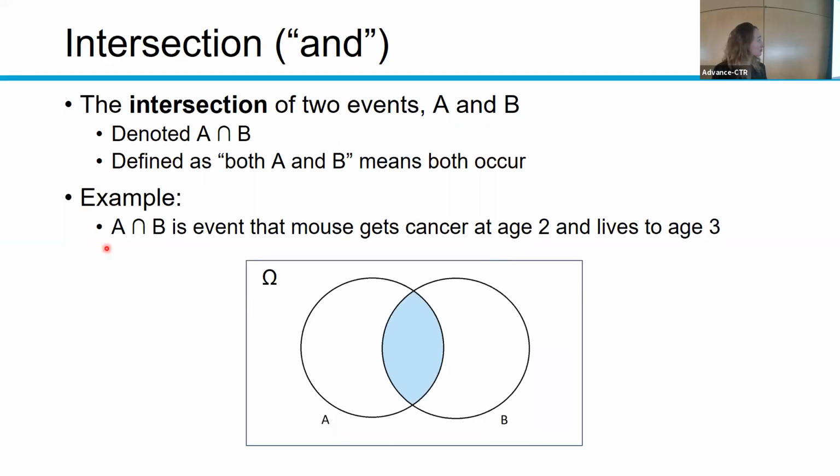So A intersection B, that's where these 2 circles cross. And going back to our previous example of A and B, A intersect B is the event that the mouse gets cancer at age 2 and lives till 3. So any event that satisfies both of those will fall into here.